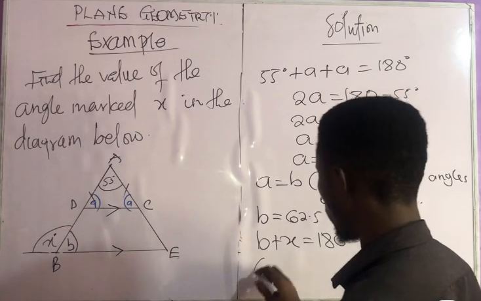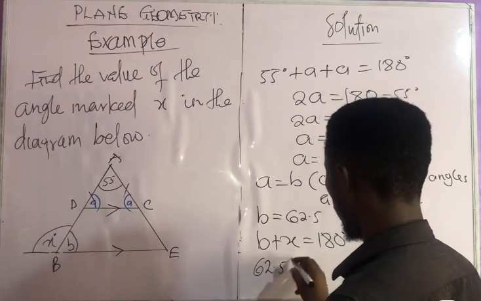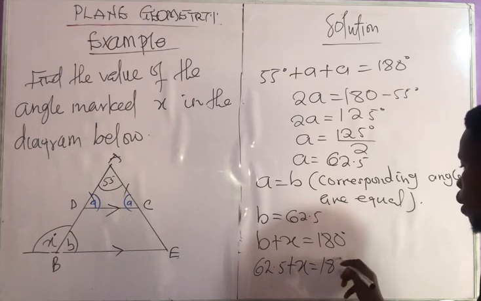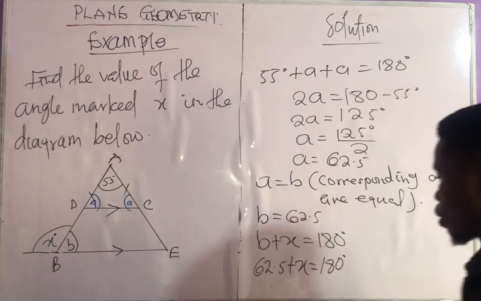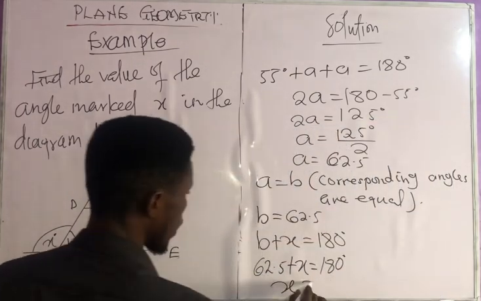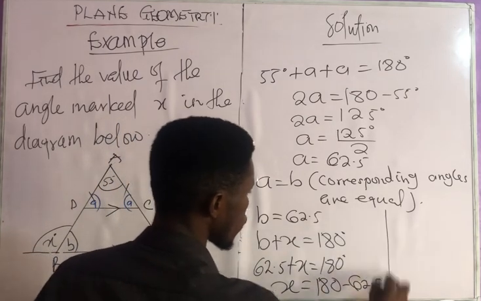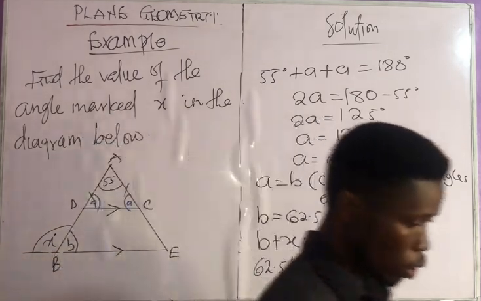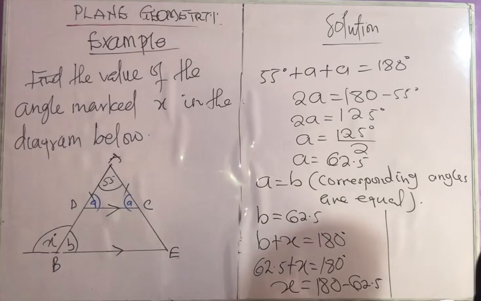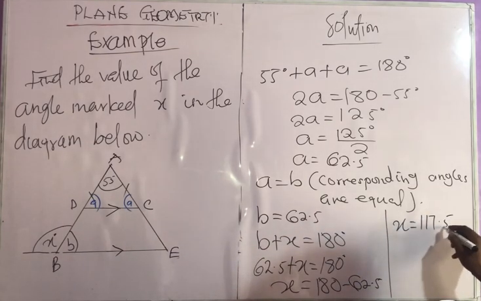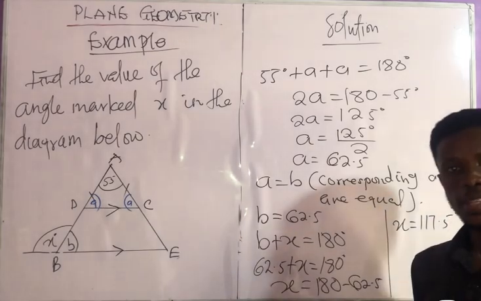So I have 62.5 plus X equals 180 degrees. So my X will be 180 degrees minus 62.5. Is that okay? So when you subtract there, you have your X to be 117.5 degrees. That is it.